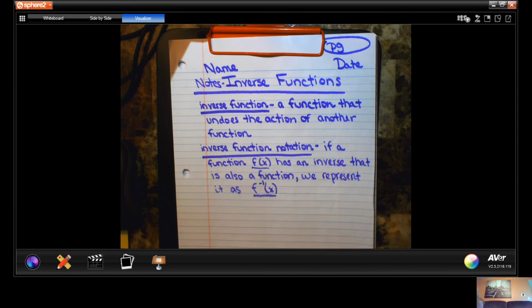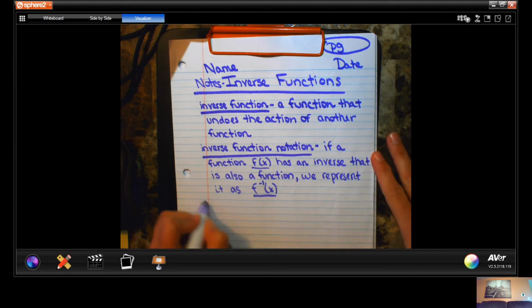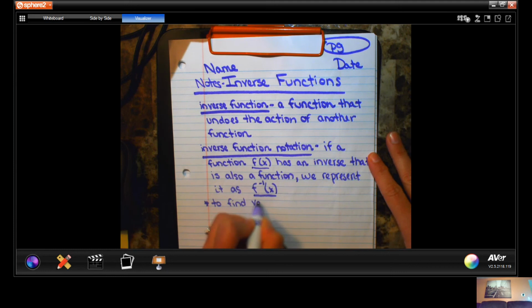In order to find the values of this inverse, if I give you a function and then say find the values of it, all we'd have to do, since we're reversing, is switch the order. So can you write this little note for me? To find values of the inverse of f of x.